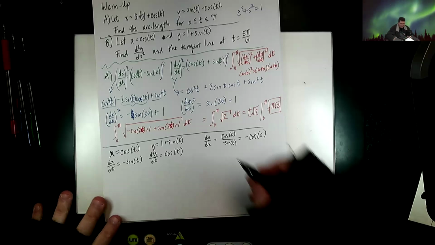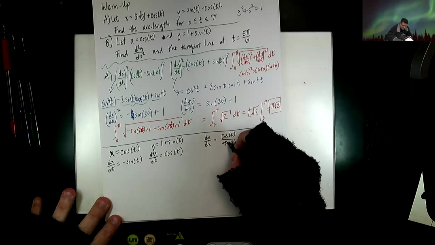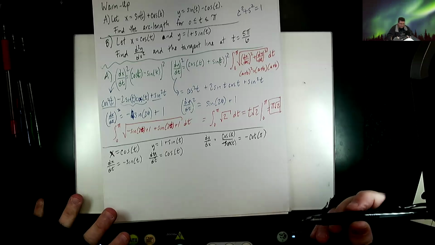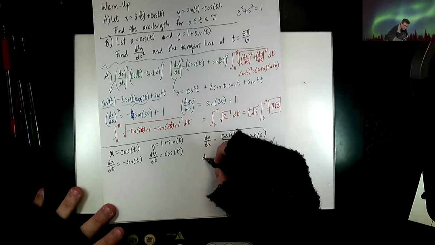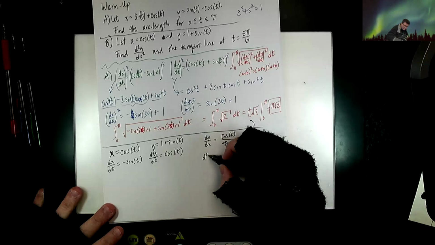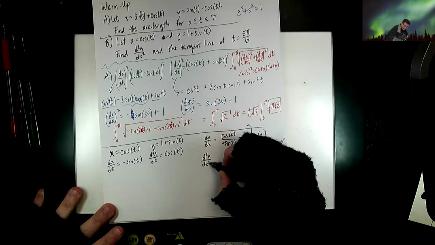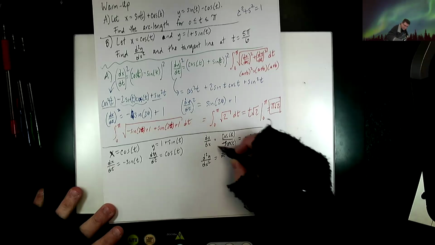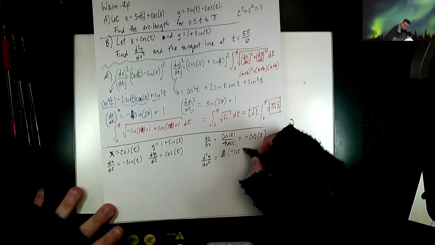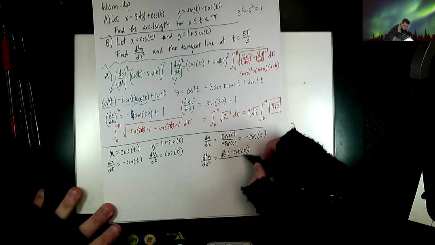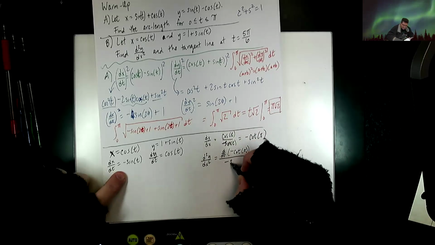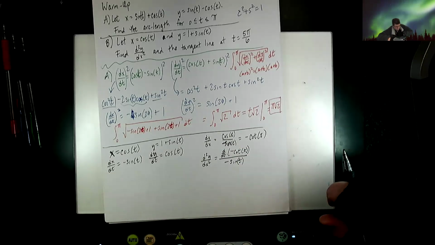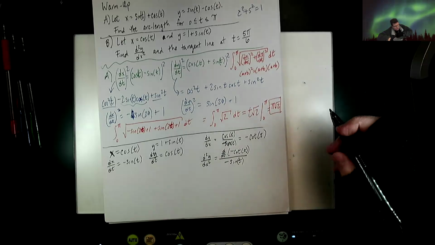Everyone okay with that? This was from the last lecture. Remember, dy dx is dy dt over dx dt. And then the second derivative is d/dt of the first derivative over dx dt, which was negative sine t. What's the derivative of cotangent?